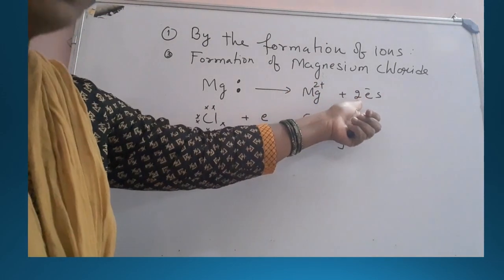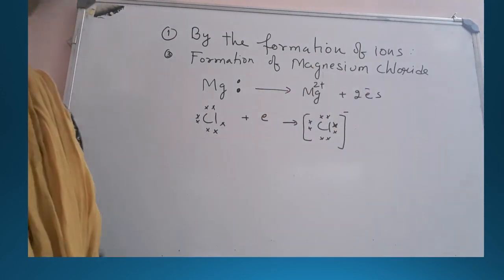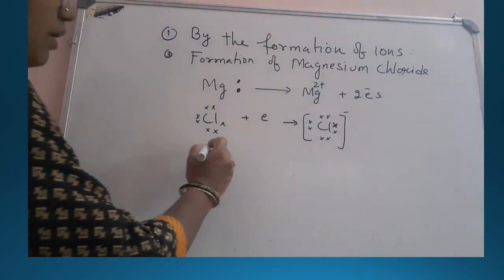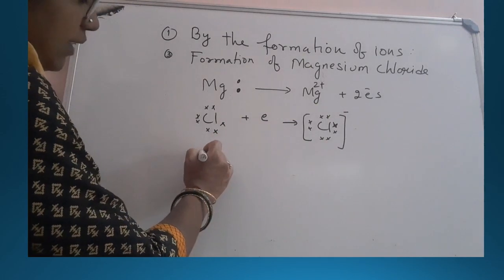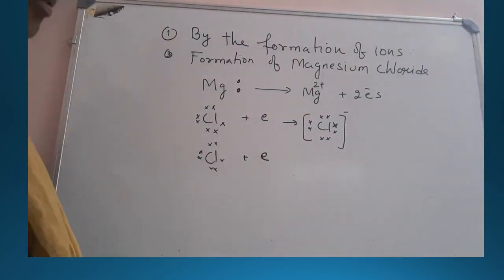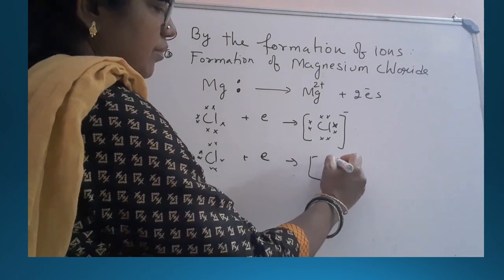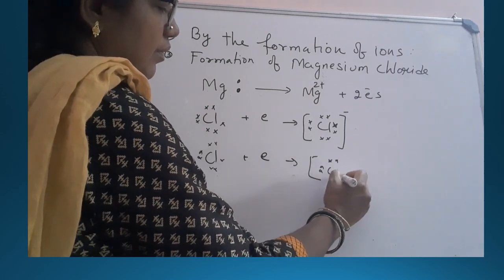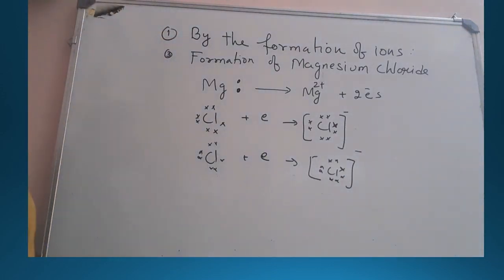Still there is one more electron, and hence to add up that 1 electron, we take one more chlorine atom. So the second chlorine atom can gain the second electron to form Cl minus ion. Is the point clear?